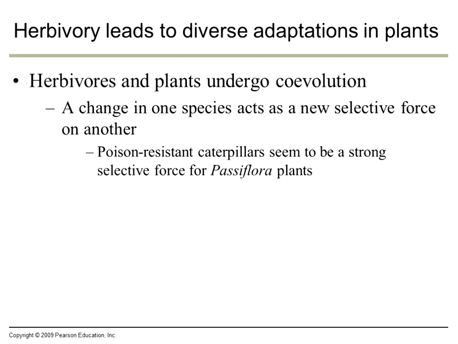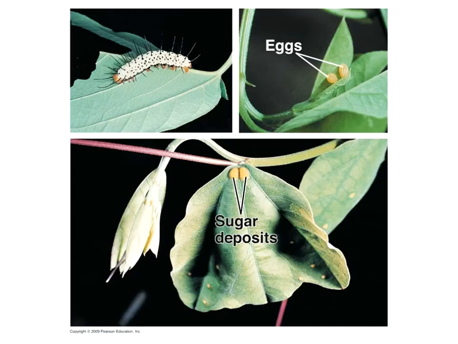So here's an example, the example of the Passiflora plant and the Heliconius butterfly. In this case, the butterfly lays its eggs on a Passiflora plant, and the larvae feed on the plant and then continue its metamorphosis into a mature butterfly.